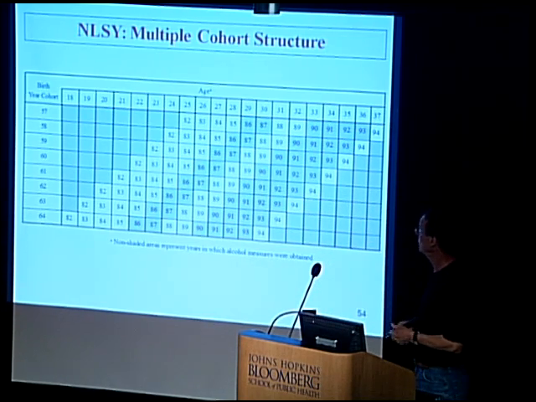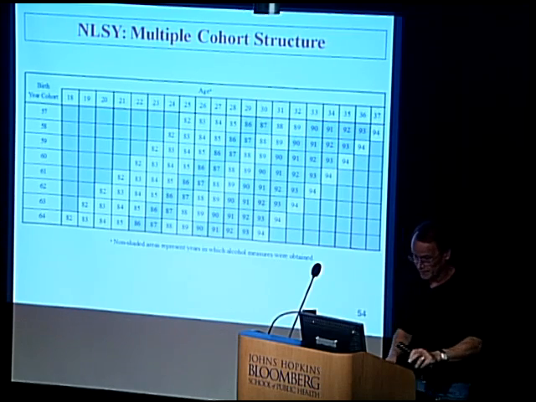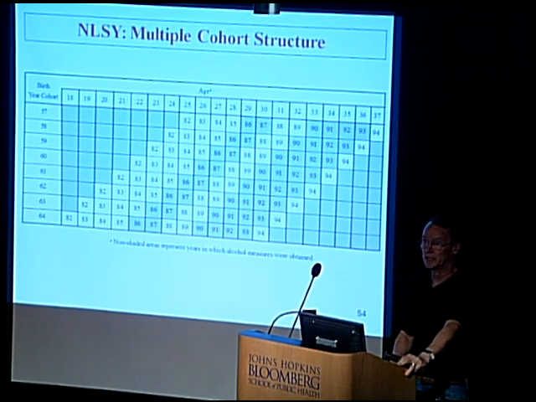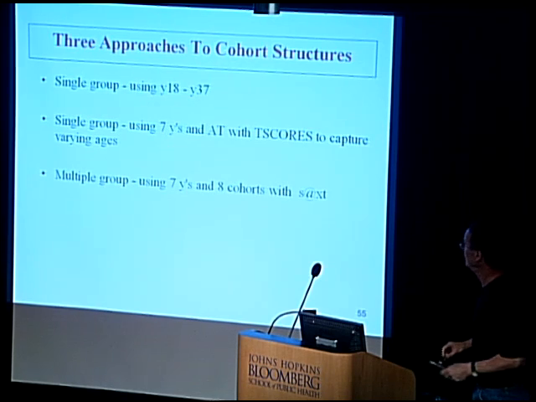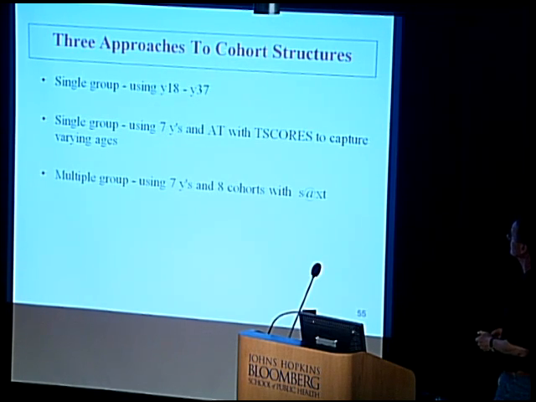And you can do that in a multiple group analysis very effectively. And actually, in the user's guide, we worked through a hypothetical example of this kind in detail, so you can see how data is arranged and how the model is set up. But we have an example of this coming up shortly.